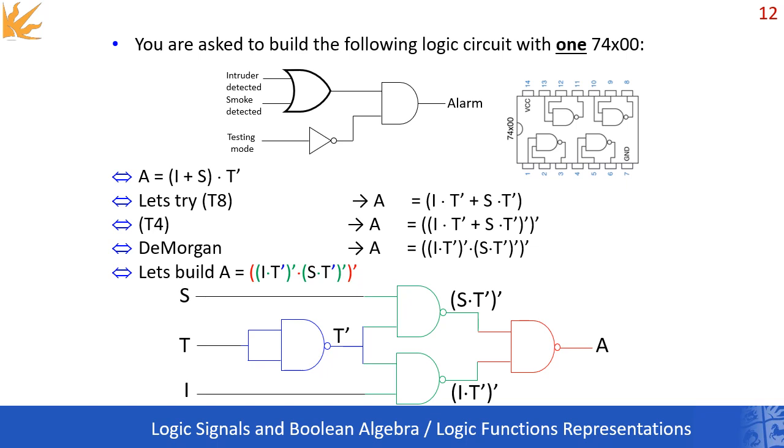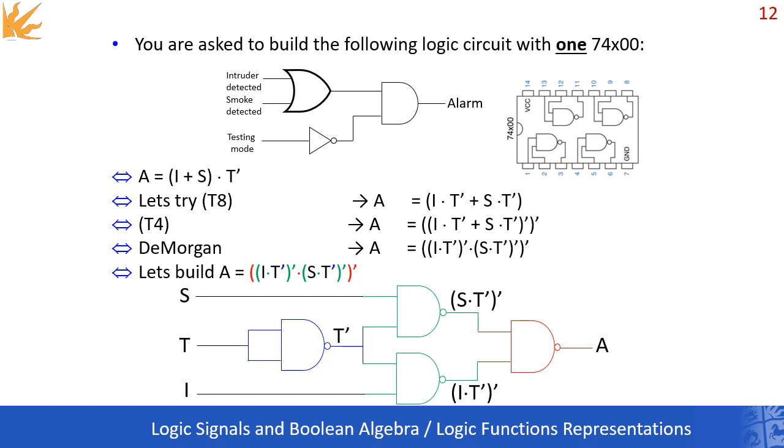So this is the first one, and this is the other one. Now, if you try to interpret these with NAND gates, obviously what you get is an S input from this side and an inverted T input from this side. Again, you see that you need an inverted T input over here, so you can bind them together.